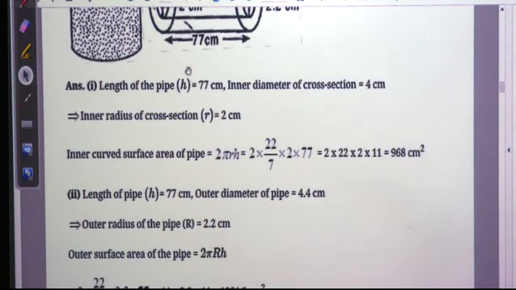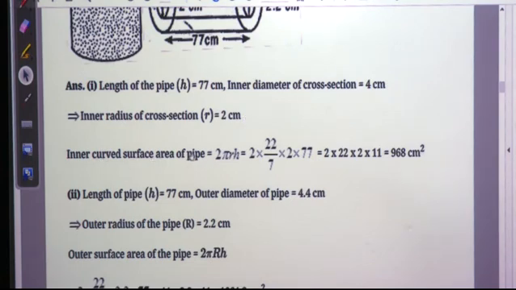Length of the pipe H, that is H is equals to 77 centimeter. Inner diameter of cross section is equals to 4 centimeter. Inner radius of cross section is equals to 2 centimeter. Therefore, inner radius will be 2 centimeter, half of the diameter.